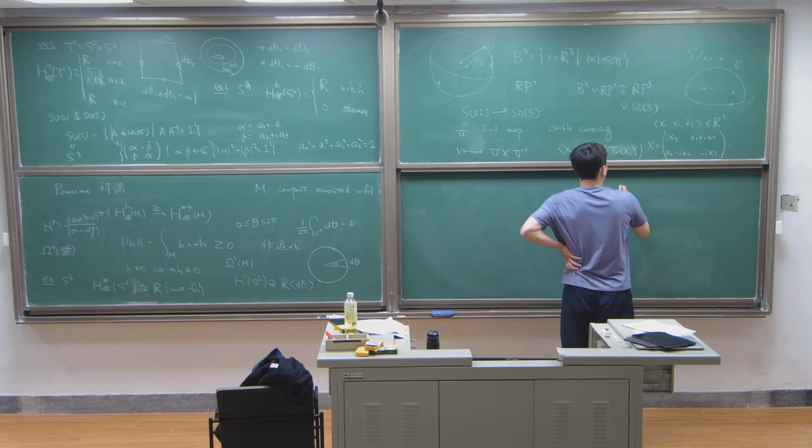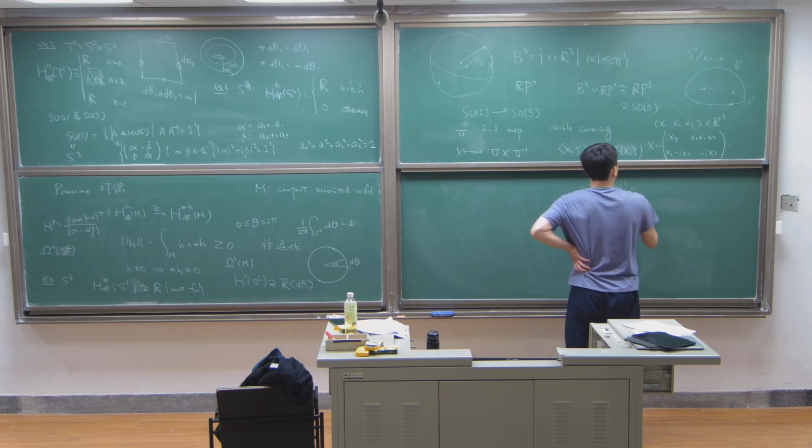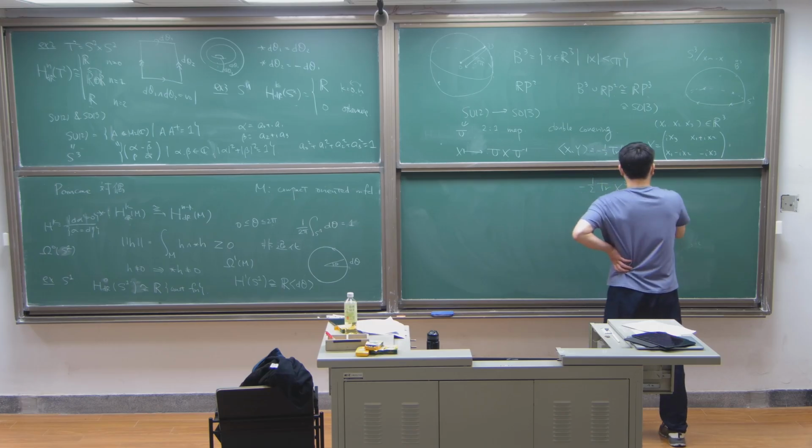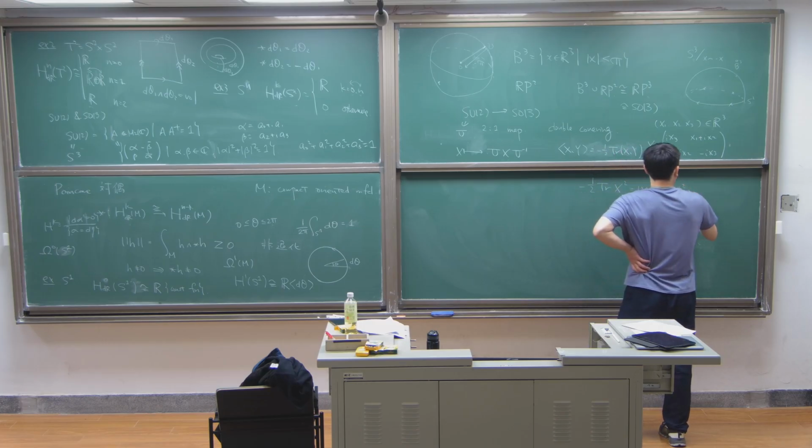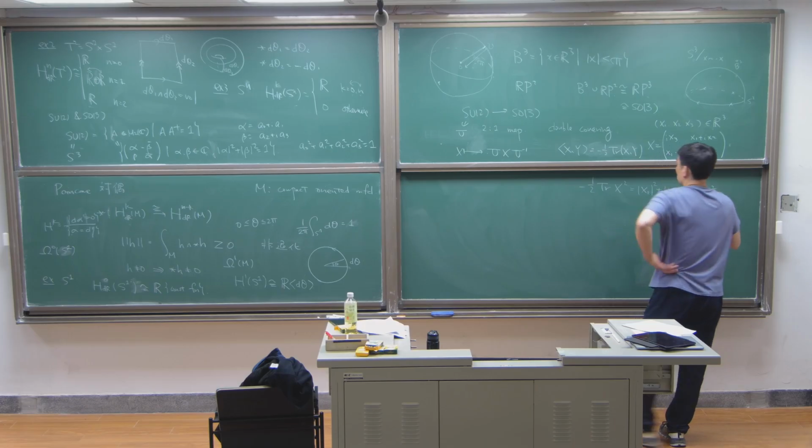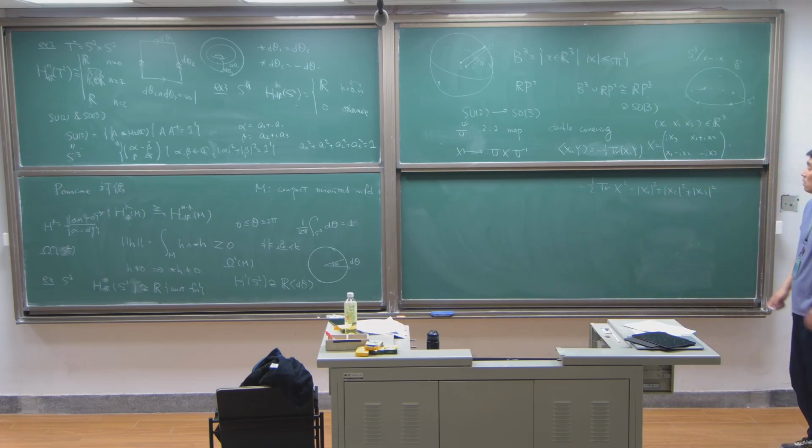So for instance, if you take x squared and trace -1/2, this is equal to x1 squared plus x2 squared plus x3 squared.